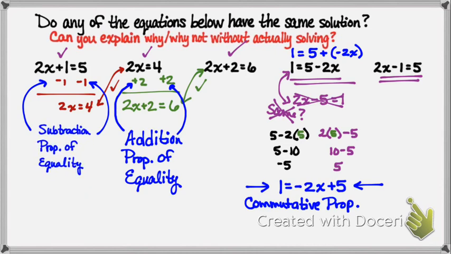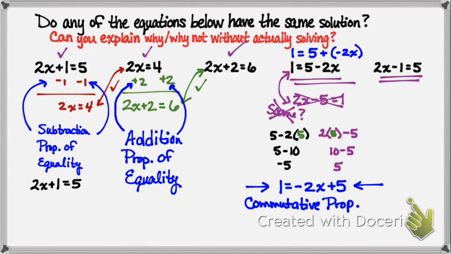Subtract 5? Well, my 5 is not negative here, so I don't know if I'd want to subtract 5. What has a different sign on it? The 2x. Where is the 2x on this one? Is it on the left or on the right? It's on the right. Over here, it's on the left.